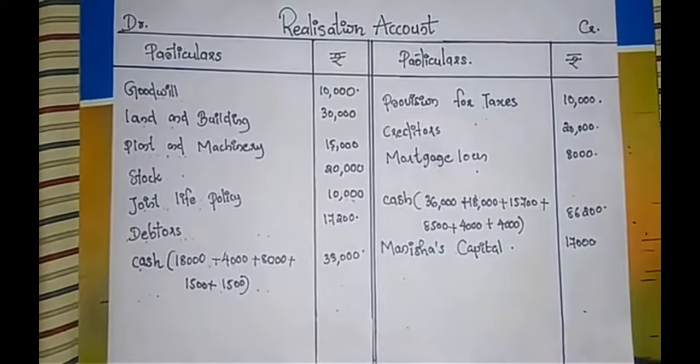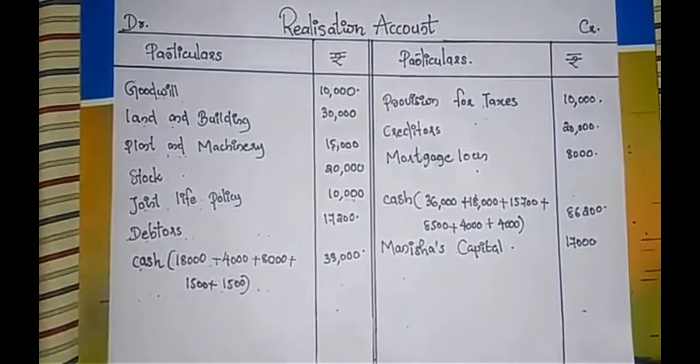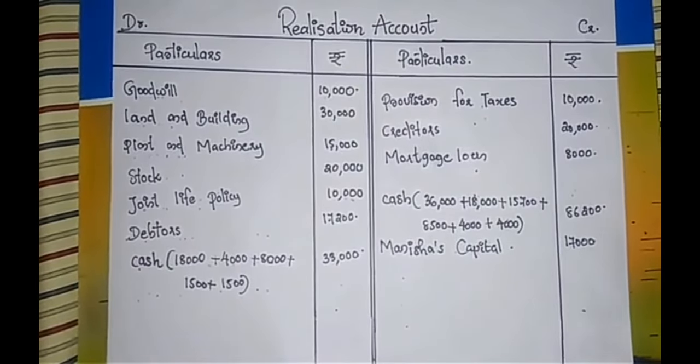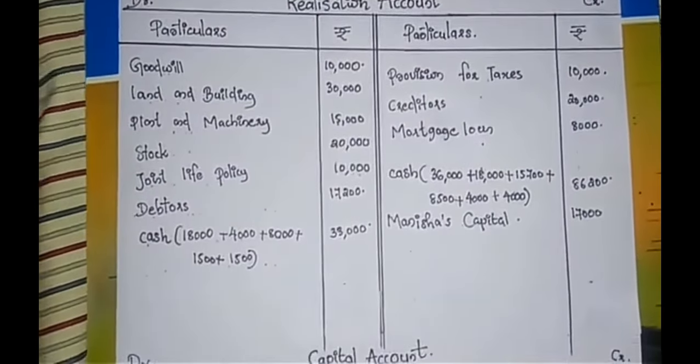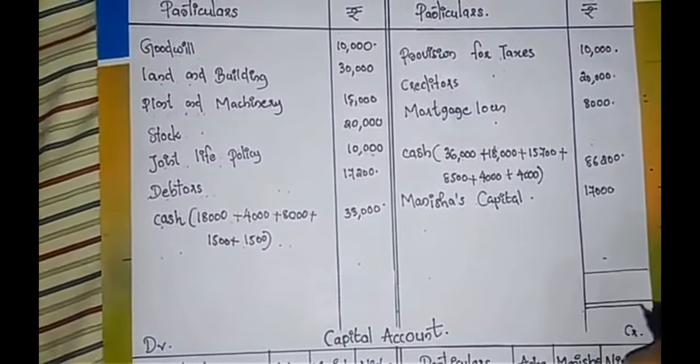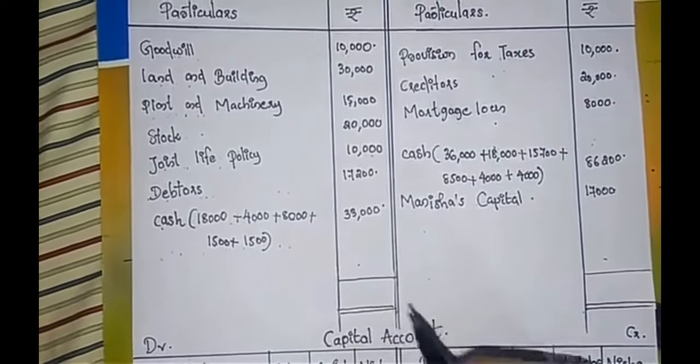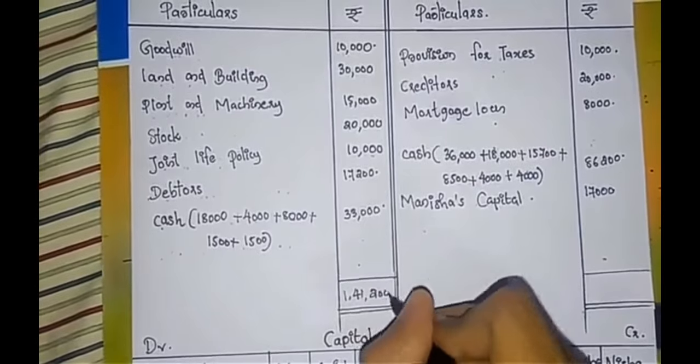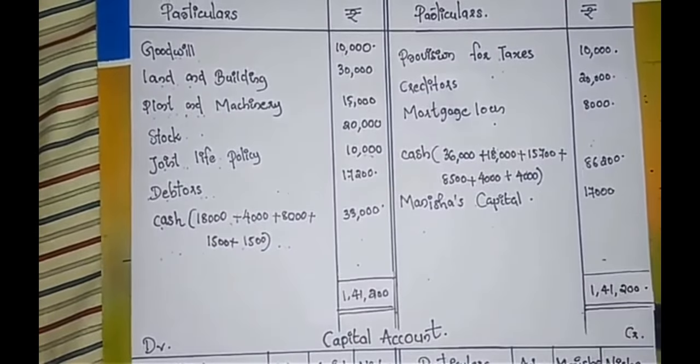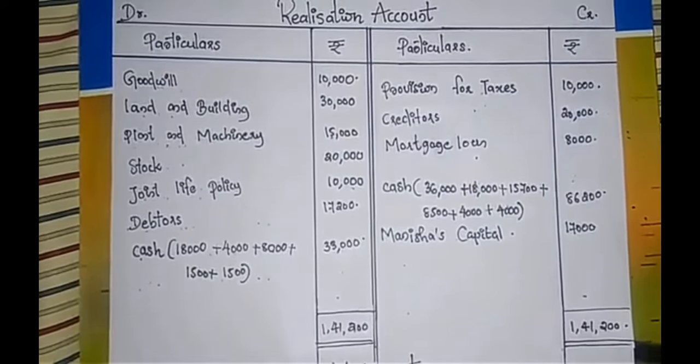So now we realize all the assets and pay off all the liabilities. Now I am going to balance the realization account. Here the realization profit is rupees 6,000.